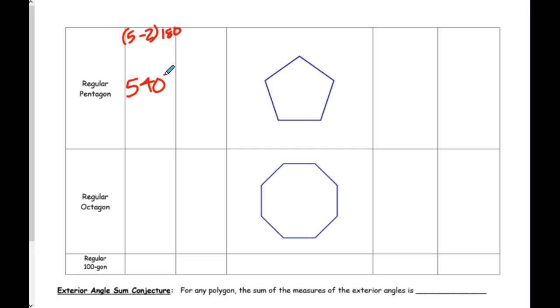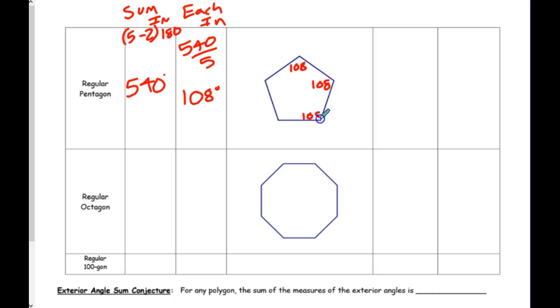Okay. And so that's the sum of the interior angles, right? Now, for each interior angle, you're going to take that number and divide by the number of sides. 540 divided by 5 is what? 108. All right, so each interior angle is 108, 108, 108, 108, 108.